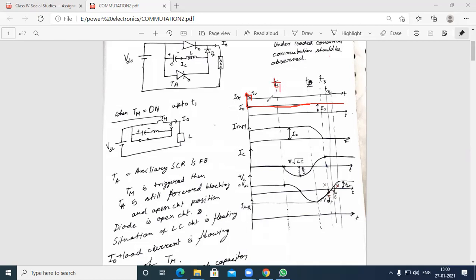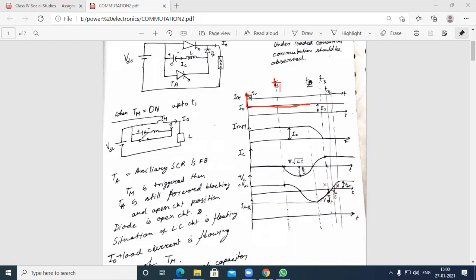Then what will happen with the circuit? The supply is given and the main thyristor is on. So when the main thyristor is on, the auxiliary thyristor will be in the forward blocking state. That is, at the initial position it will be in the forward blocking state.